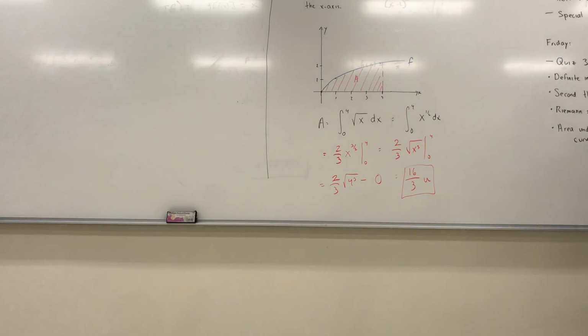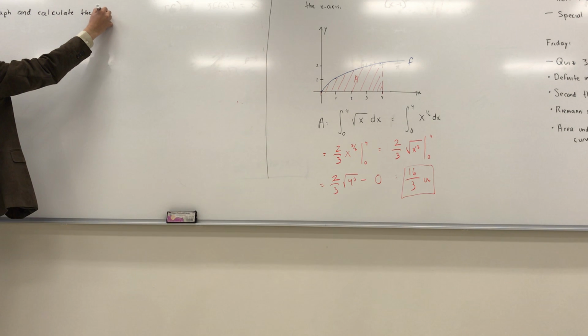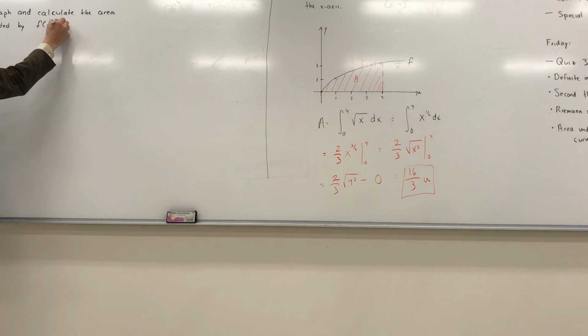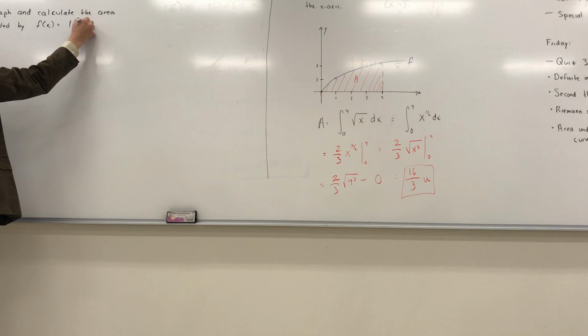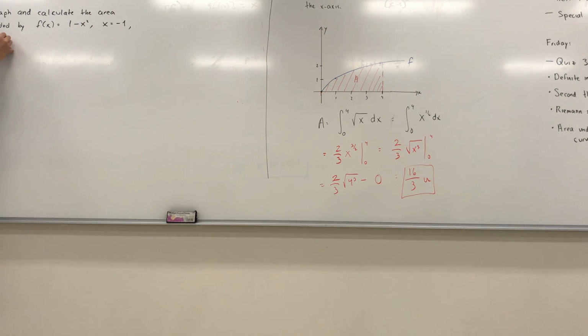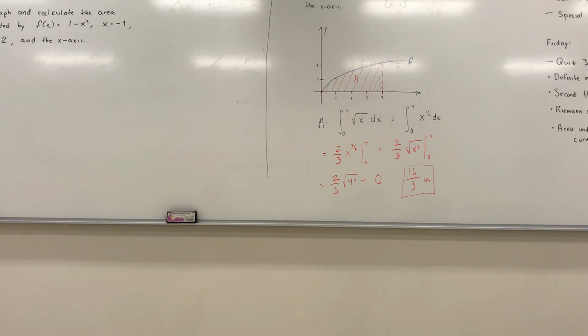For example, graph and calculate the area bounded by f of x equal to 1 minus x squared, x equal to minus 1, x equal to 2, and the x-axis.